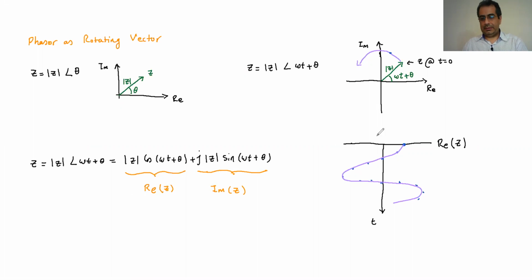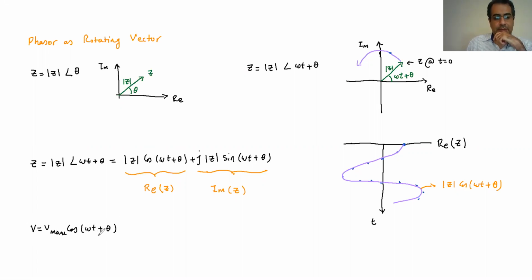Now look, what I drew here is the real part of the z, because I projected it here. So the real part of the z is going to be z cosine omega t plus theta. This is very similar to what we have for any, for example, voltage case. For example, we write v is v max cosine omega t plus theta.